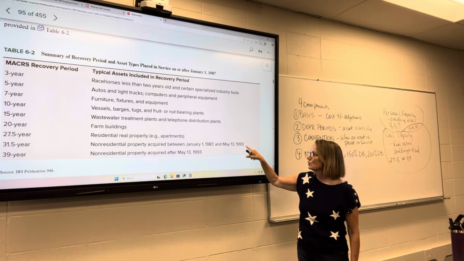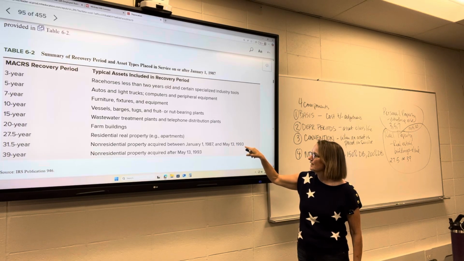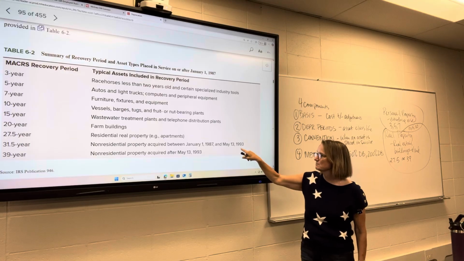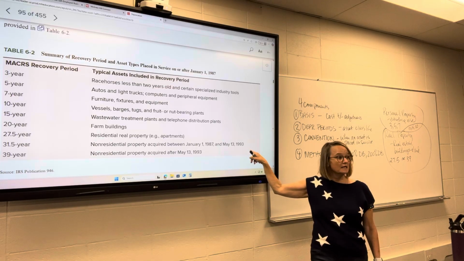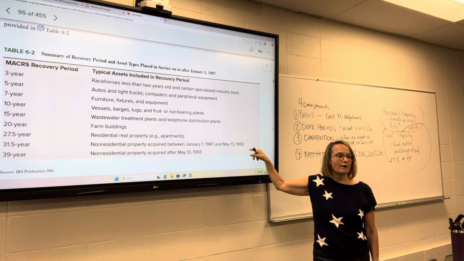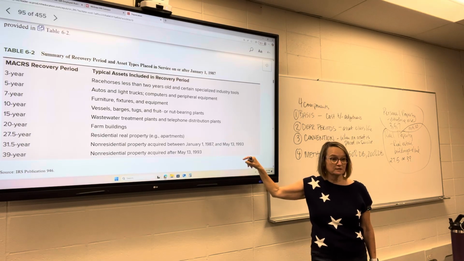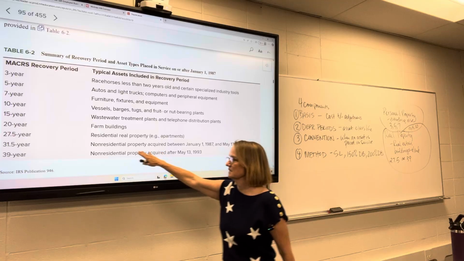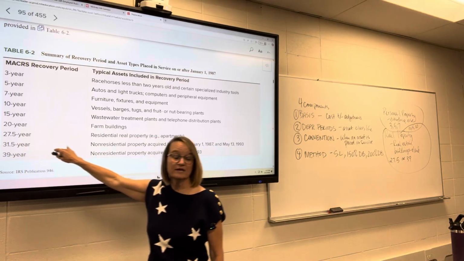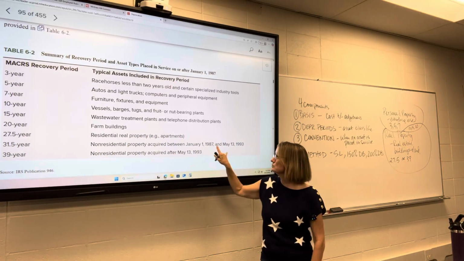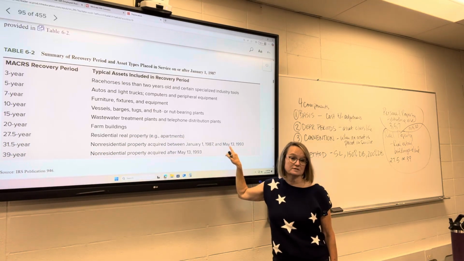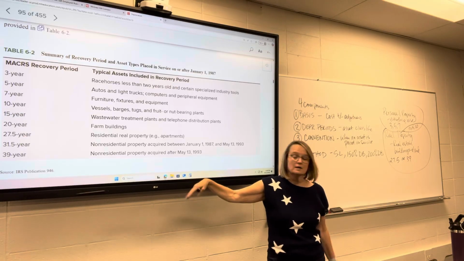The latest that one of these pieces of property would have been purchased is May 13th, 1993. And now that property is 32 years old, so it would be fully depreciated. So you're not even going to see the 31.5-year anymore. The reason it's between those years is because the tax law changed. Something changed and it was grandfathered in.